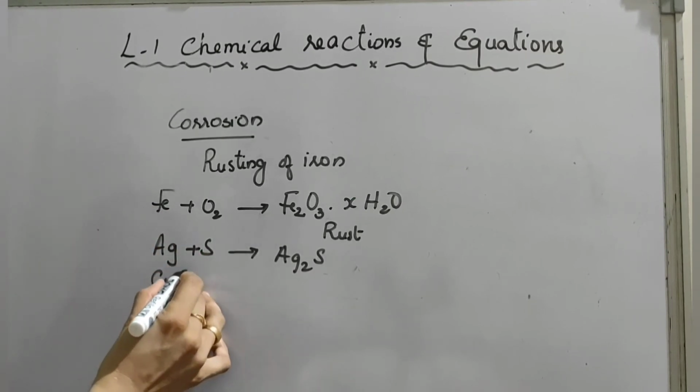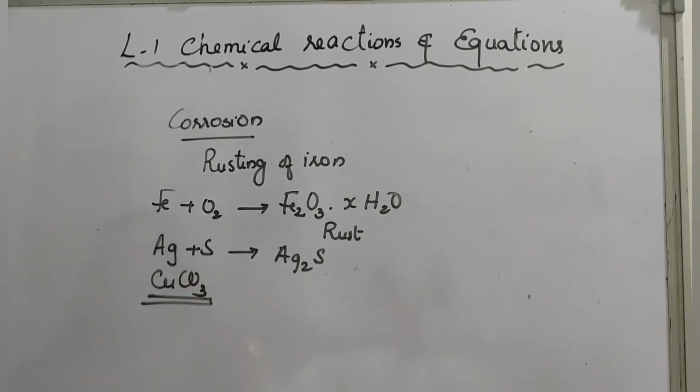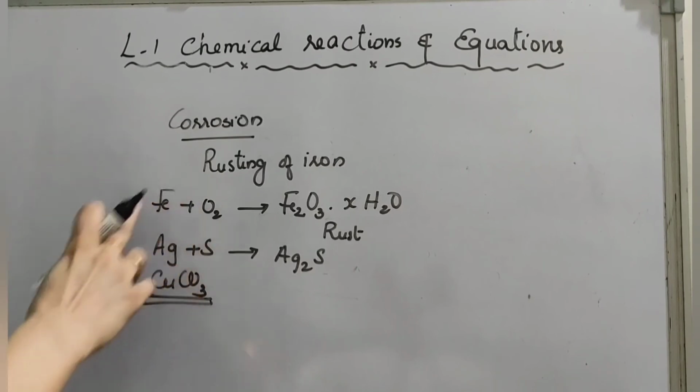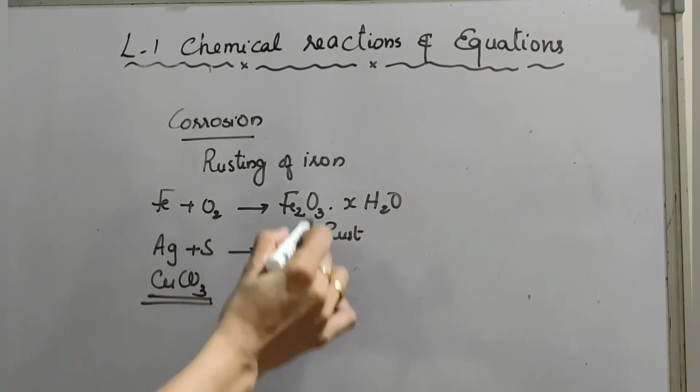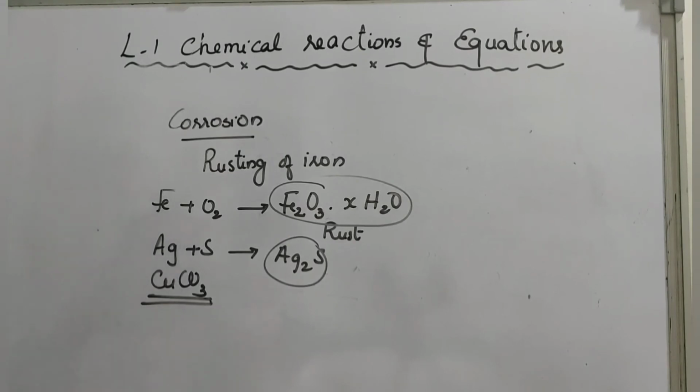Copper forms copper carbonate, which is the green coating. These are all rusting and corrosion that happen in metals. What are the preventive methods? We already studied in the metals lesson: oiling, galvanizing, greasing, alloying, etc.